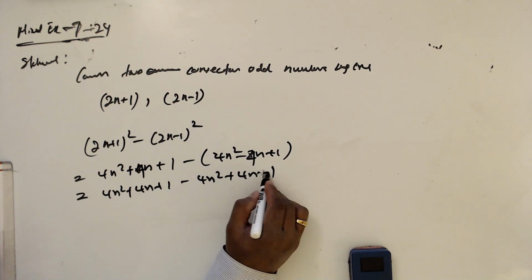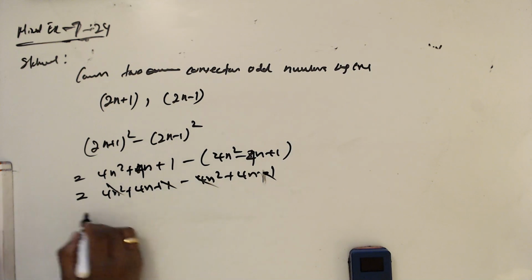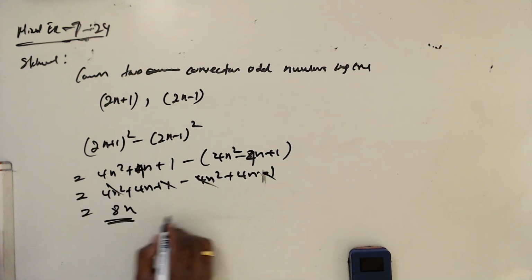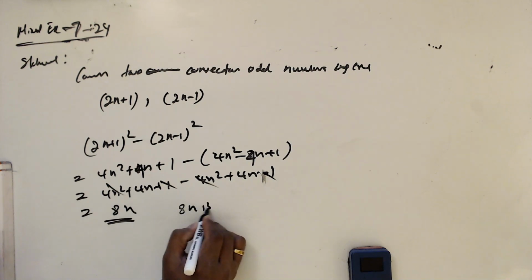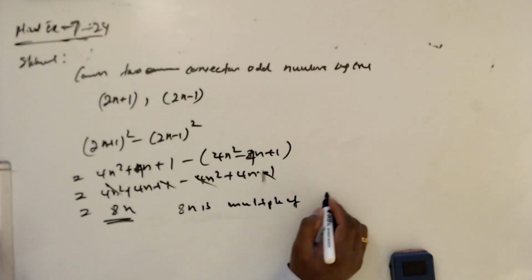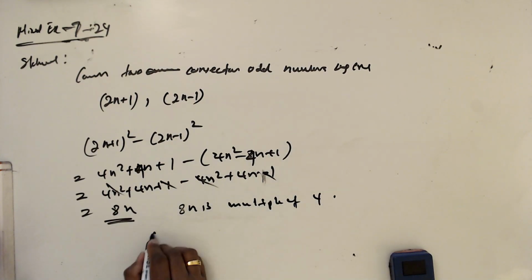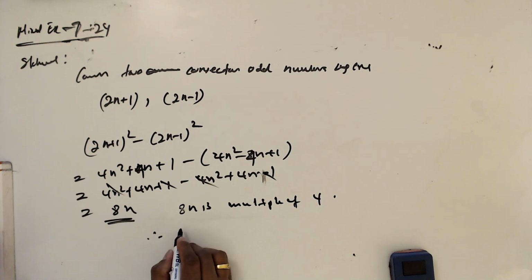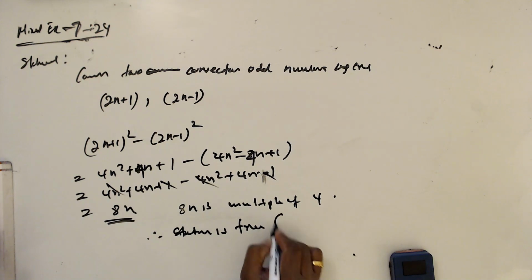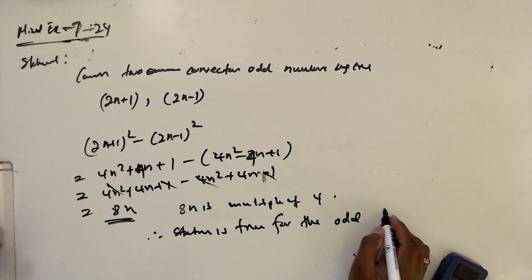So this cancels out, this cancels out. So it's 8n. So 8n is a multiple of 4. Hence, the statement is true for odd numbers.